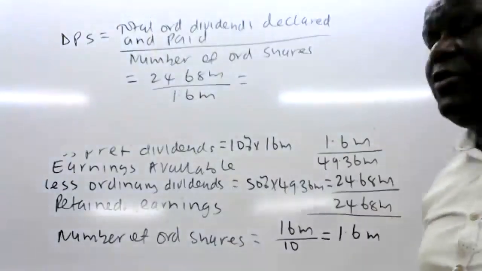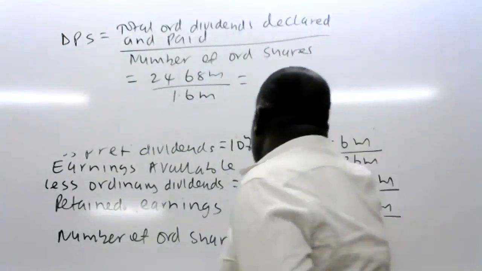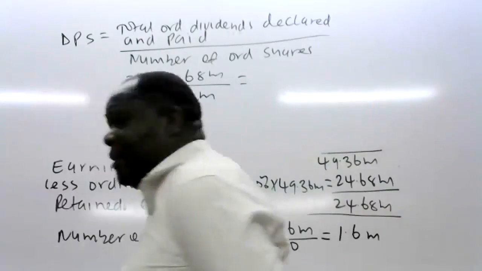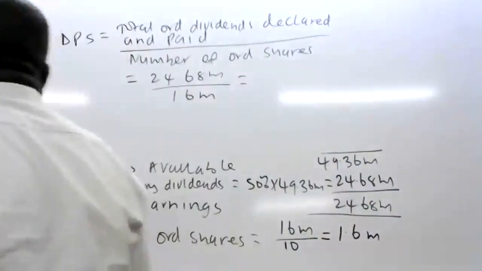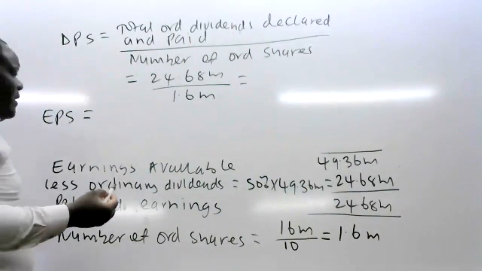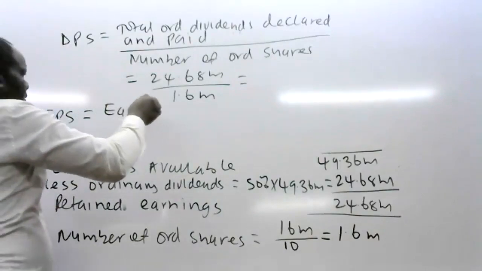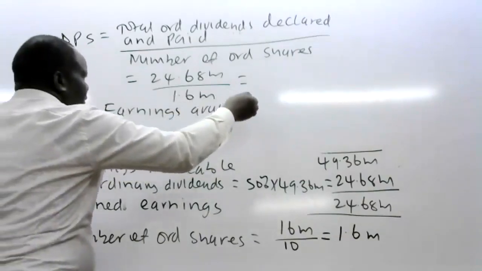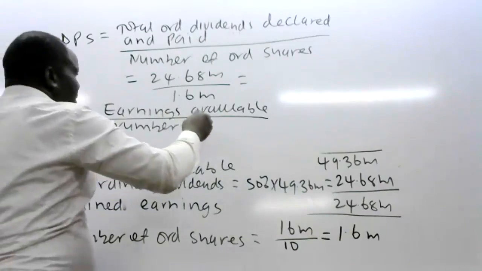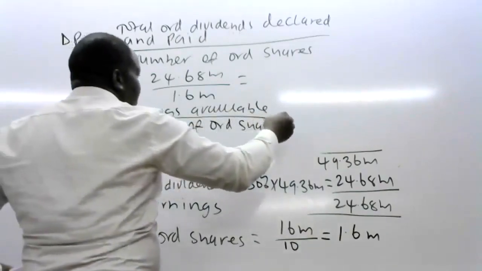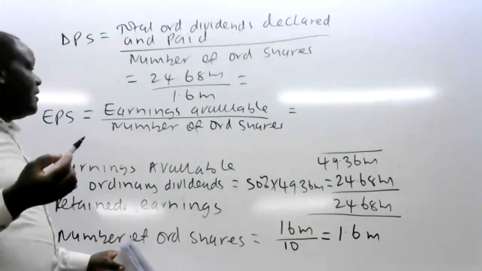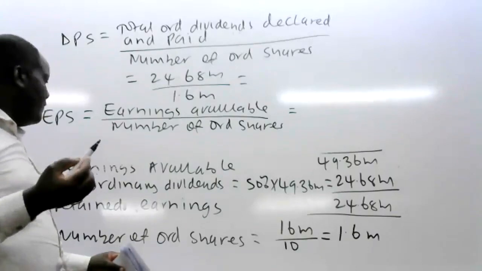The question did not ask, but assuming they also ask you to compute it, earnings per share is given by earnings available, then we divide by the number of the ordinary shares.